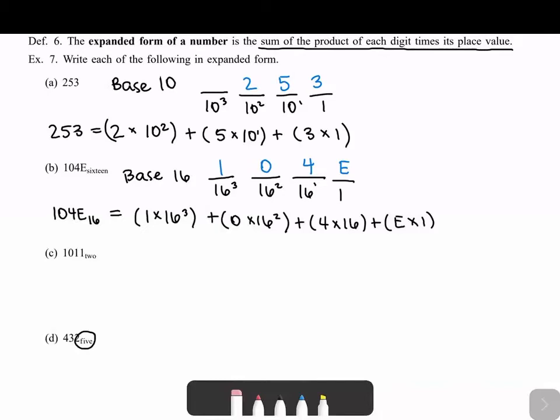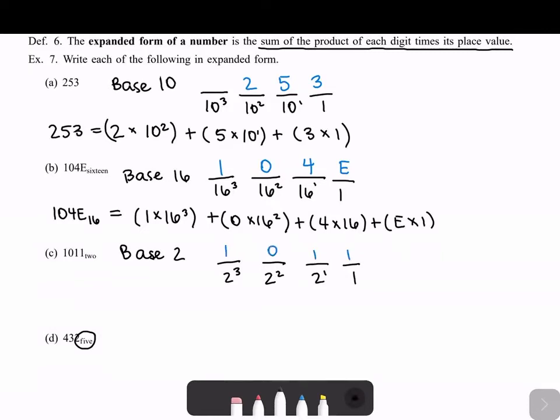So again, this is in base 2. So we have the 2 cubed place, the 2 squared place, the 2's place, and the 1's place. So again, we just fill in all of our numbers, 1, 0, 1, 1. And now we can write out the expanded form.